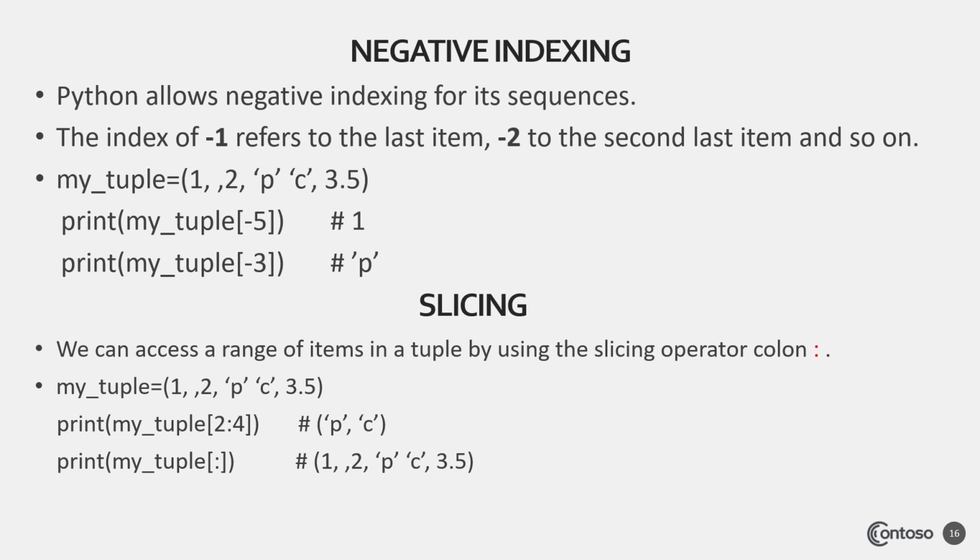Slicing means a range of items can be accessed using the slicing operator colon. So in the given tuple, when we print items from index 2 to 4, from index 2, that is P, to 4, that is P and C, is printed. The output comes as a tuple.